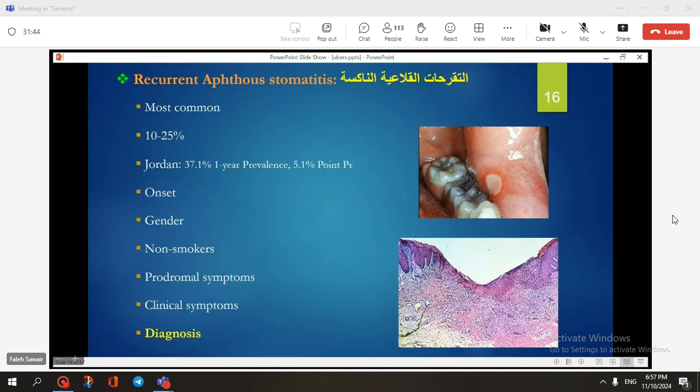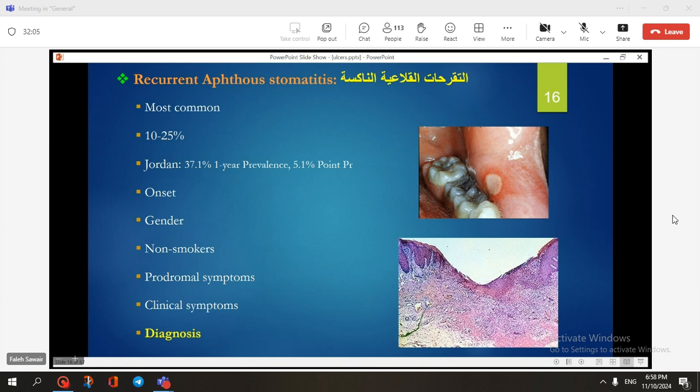The diagnosis of aphthous ulcers is a clinical diagnosis. Usually there is no need to take a biopsy. The clinical appearance and the history can help in the diagnosis. They are straightforward, very easy to diagnose.